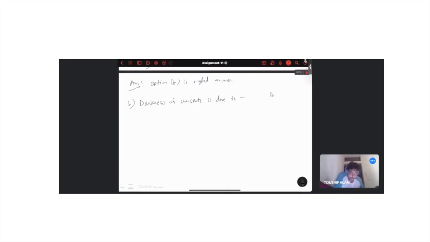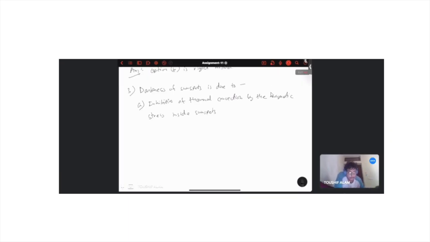The other option, inhibition of magnetic stress by thermal convection inside sunspots, is not right. This is the right option.